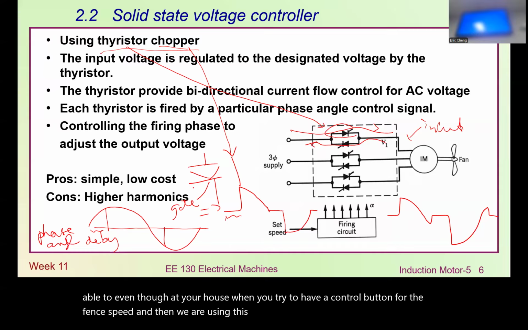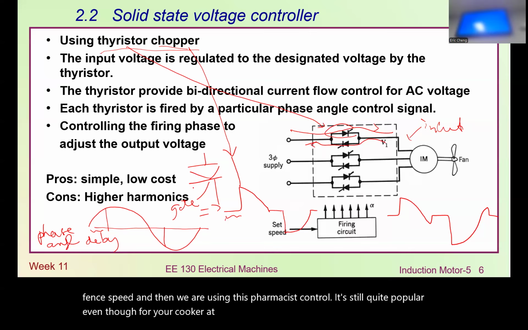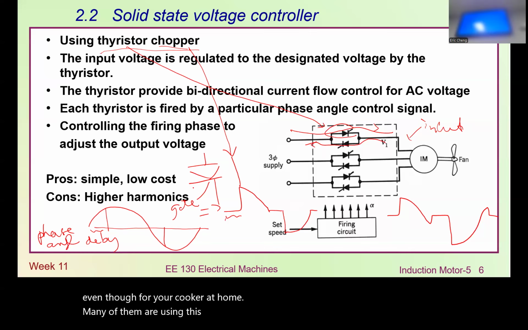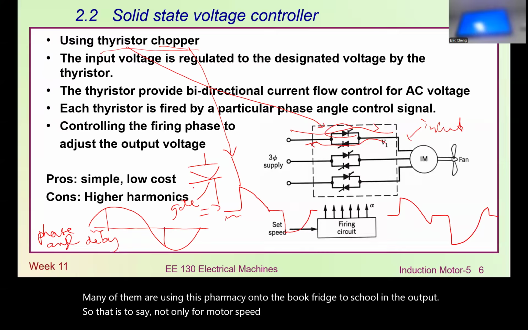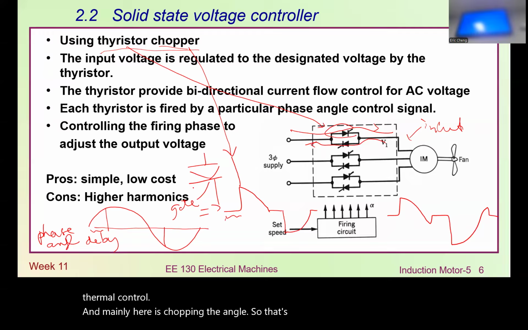It's still quite popular, even for your cooker at home. They use this thyristor control for the voltage going to the output. So not only for motor speed control, but also for heating control, thermal control. Mainly here you can chop the angle, so that's why I call it a chopper. We can reduce the voltage.